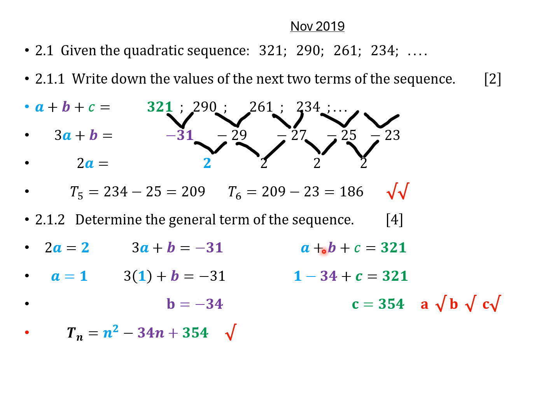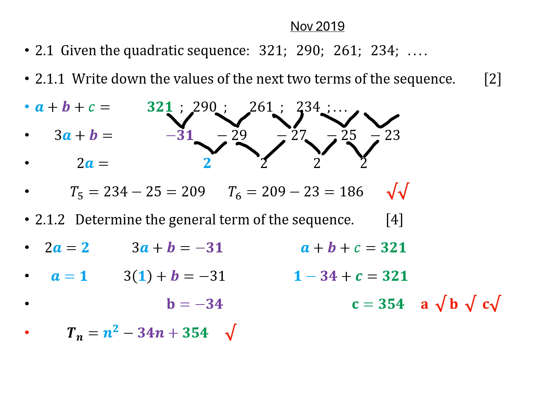With a being 1 and b being -34, plus c equals 321, so 321 plus 33 gives me 354. 1 mark for a, 1 mark for b, and 1 mark for c. So my formula reads n squared minus 34n plus 354.